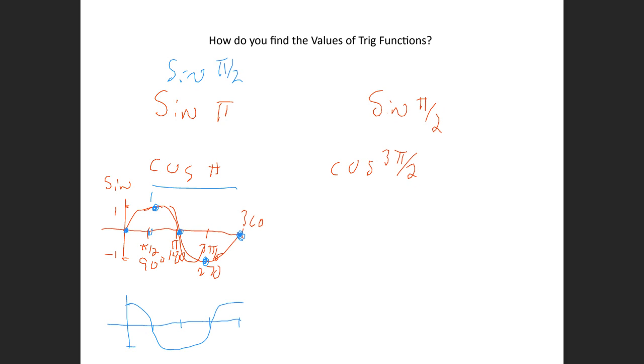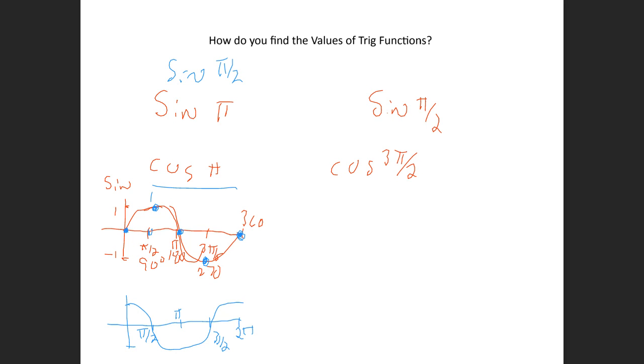This is pi over 2 here, this is pi, 3 pi over 2. Yep, -1 is exactly right. What is the cosine of 2 pi? Correct. So those two graphs will help you with 90% of all of the questions they'll ask you.